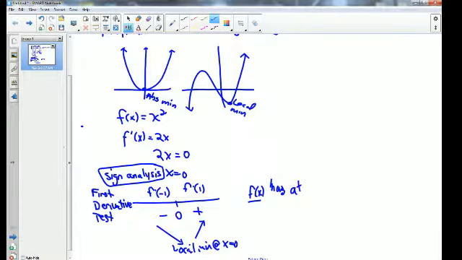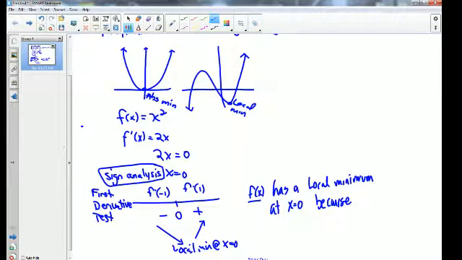F of x has a local minimum at x equals 0 because f prime of x changes from negative to positive. If it went the other way, it'll be a max.